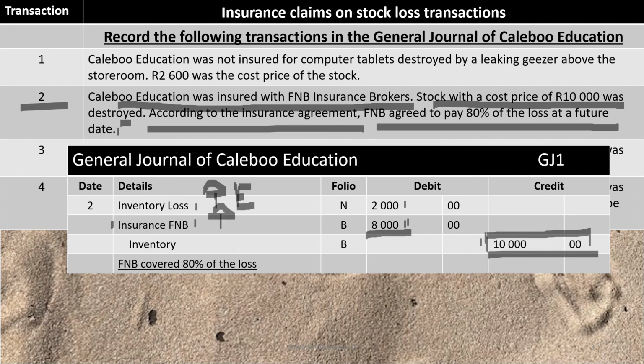FNB insurance is an increase in assets, a current asset. FNB insurance is going to pay us, accounts receivable. And then we lost 10,000 of stock, a decrease in assets, credit. There we go. FNB covered 80% of the loss, and they're going to pay us at a future date.